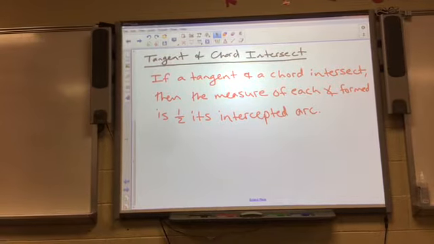If a tangent and a chord intersect, then the measure of each angle formed is 1/2 of its intercepted arc.